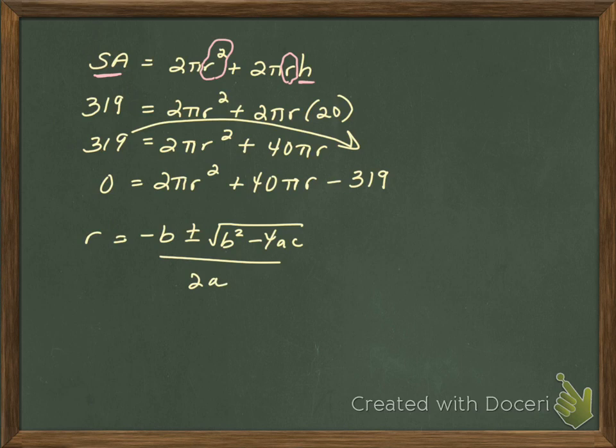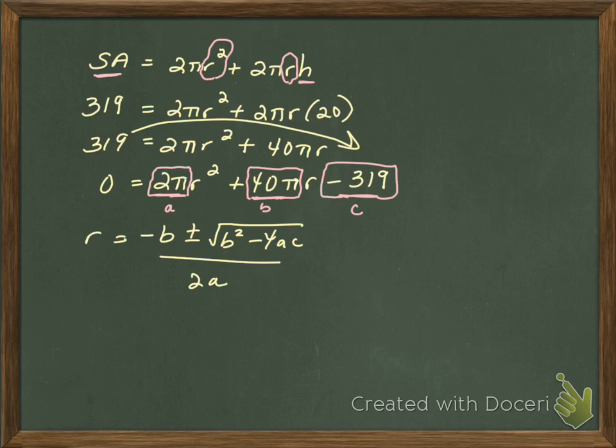All right, and so in this quadratic equation in terms of r, we can identify our a, our b, and our c. Okay, remember we said earlier that the pi's are constant. So in our formula, where we see an a, we're going to put 2 pi. Where we see a b, we're going to put 40 pi. And where we have c, we're going to put negative 319.